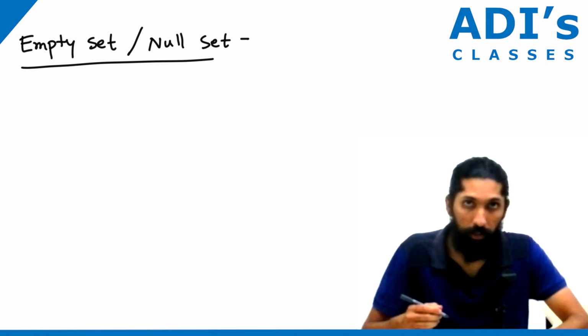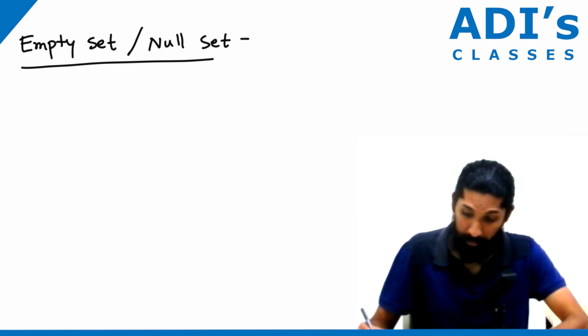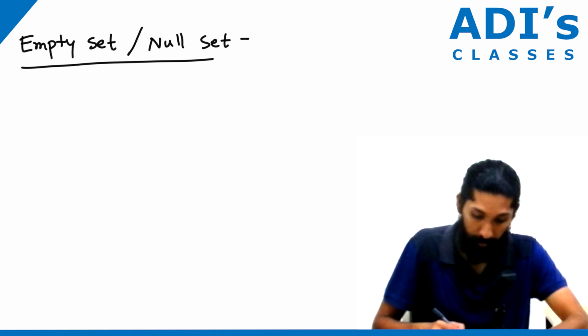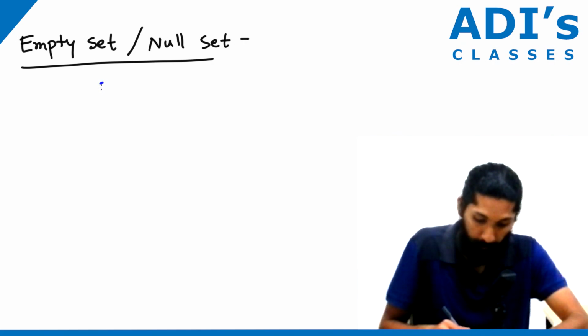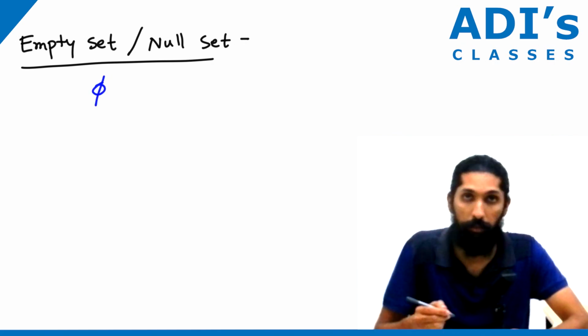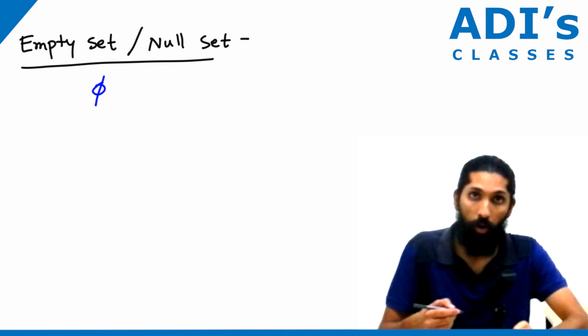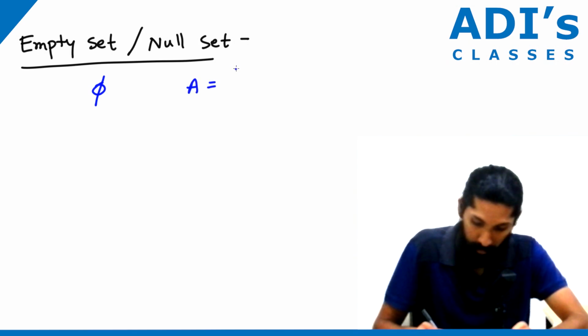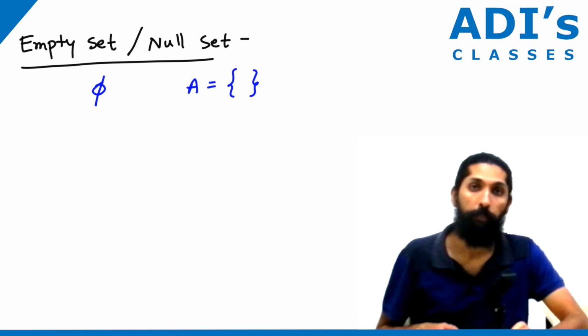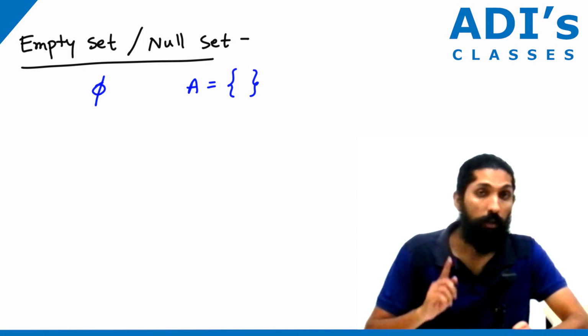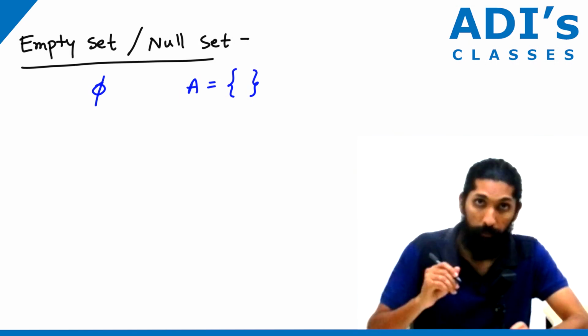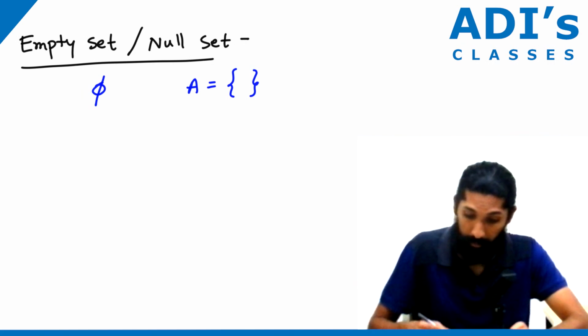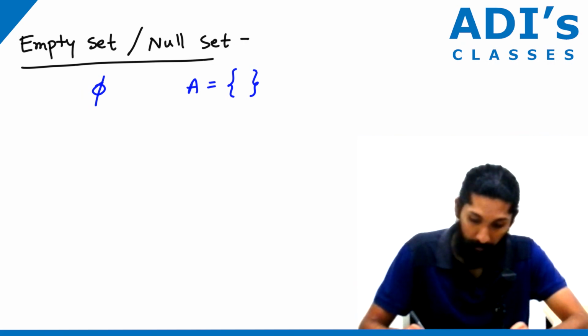Generally, the notation we use for an empty set is phi. Phi is a representation, or you can just write set A is equal to an empty set, just a null set. Please, one more thing: never write A, or some value, null set is equal to phi.